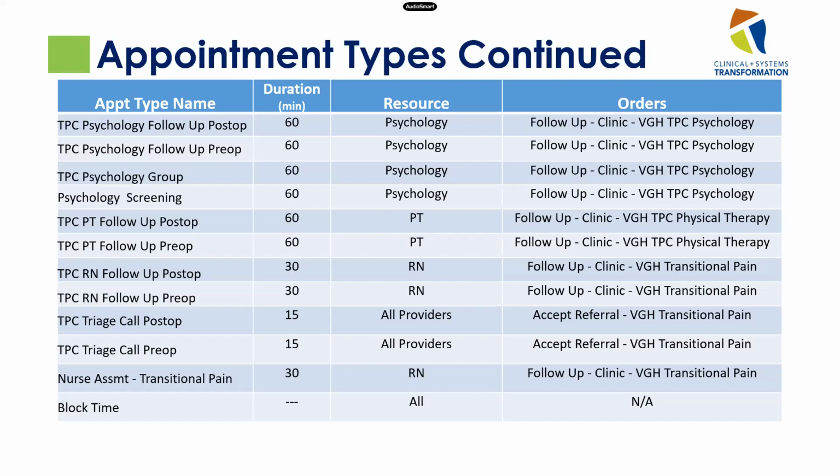Do you have any questions right now on any of the appointment types? Oh, I'm just looking at the nursing assessment. Because Lana, when she does the nursing intake, the interview, it's usually 60 minutes. Or is this just a triaging assessment? Well, there's the triage call that is 15 minutes.